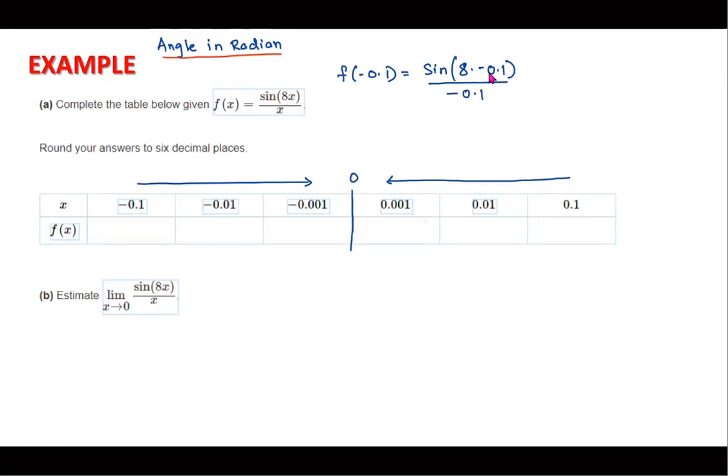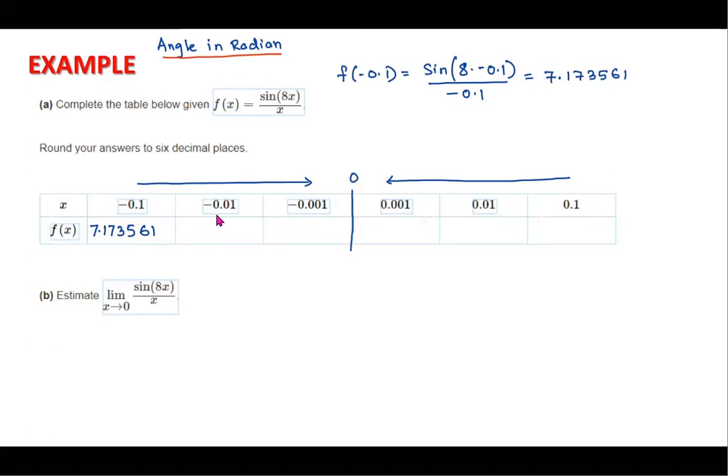Remember, this is 8 times negative 0.1. If you type this in the calculator, you should get 7.173561. That is the first value that goes in this first box. So let me write that down. We get 7.173561.